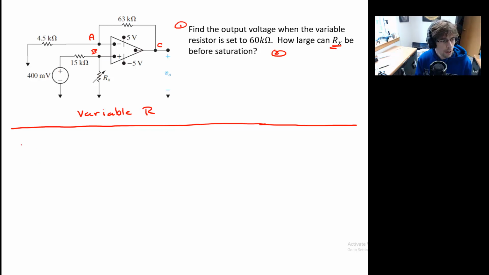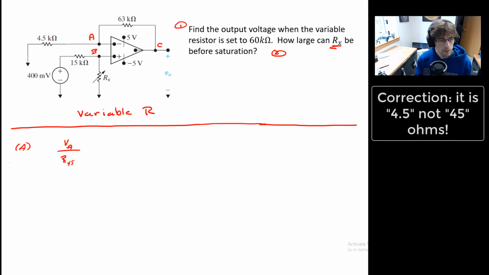Well, node A, we'll go ahead and write down. We have VA over, I'll just call this R45 for a moment. And then we have plus (VA minus VC) over R63. And again, I'll use my golden rule and say that there is no input current into the inputs, and so I can set that whole rigmarole equal to 0.